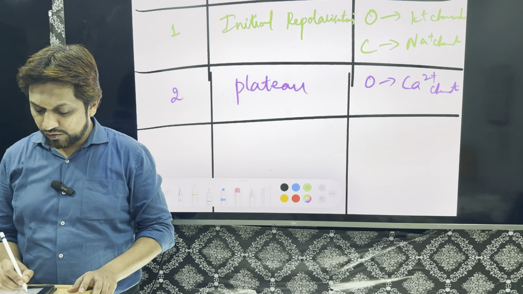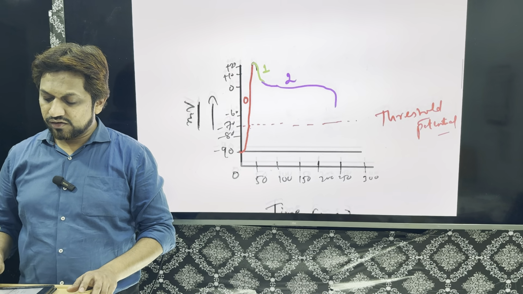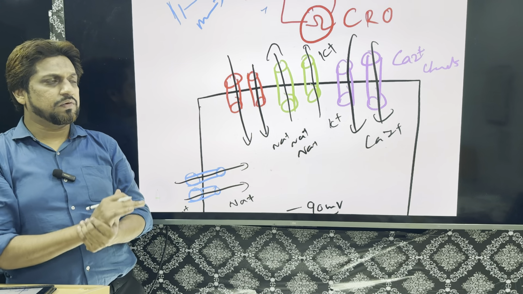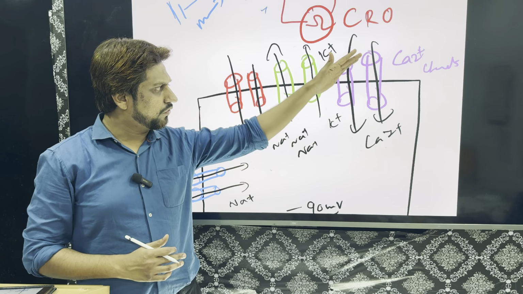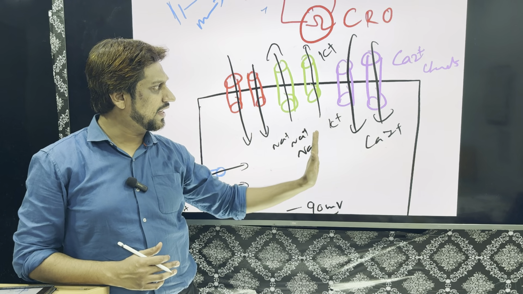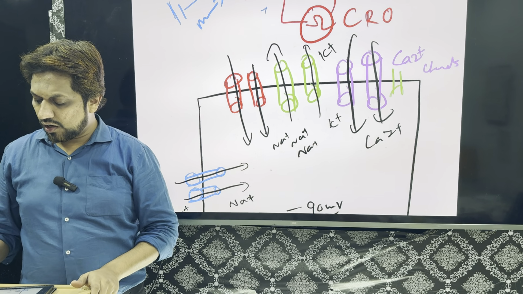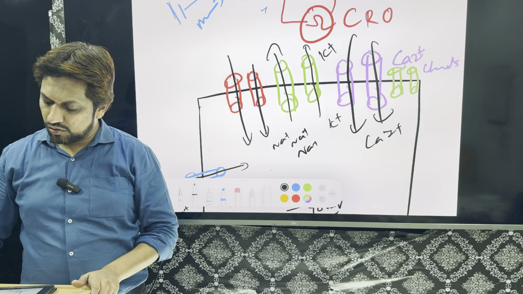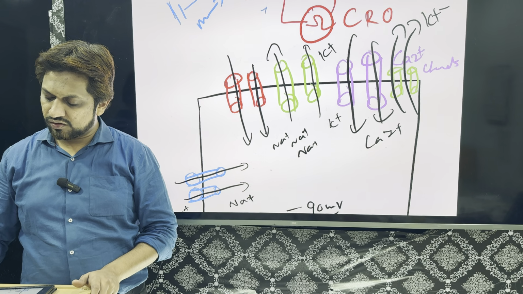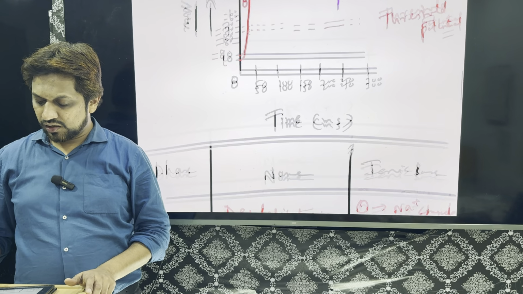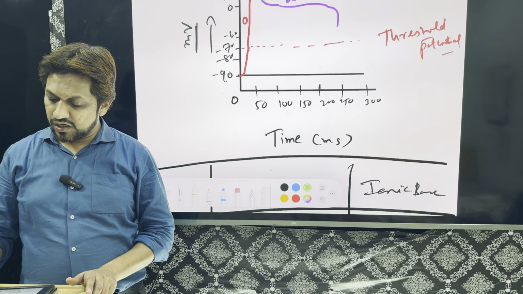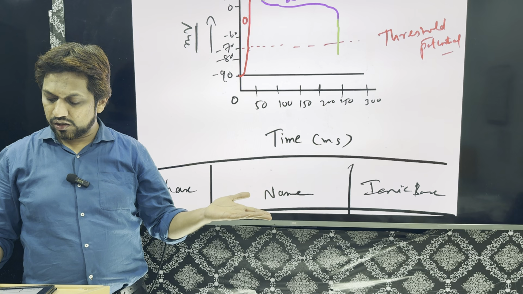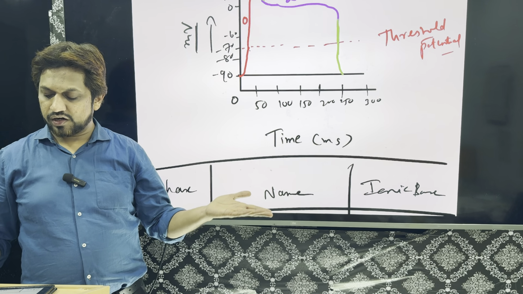After that there is phase 3. After a long period of 150 to 200 milliseconds the calcium channels close, so entry of calcium stops, and the potassium channels open fast. The potassium exit becomes greater, more potassium moves out, and the positive charges going outside bring the membrane potential back to negativity, up to the resting membrane potential.